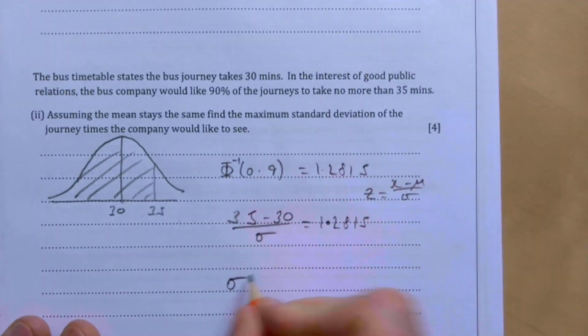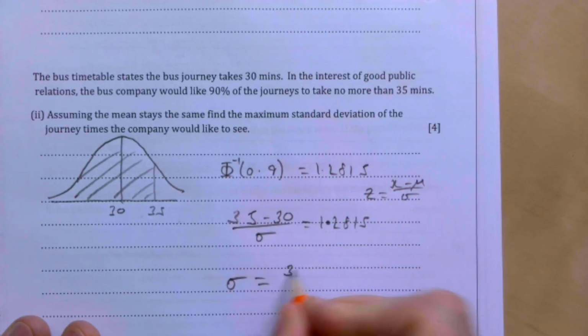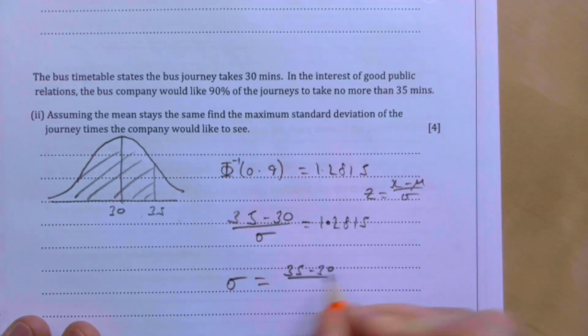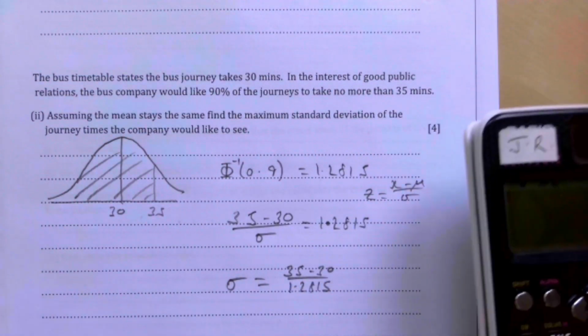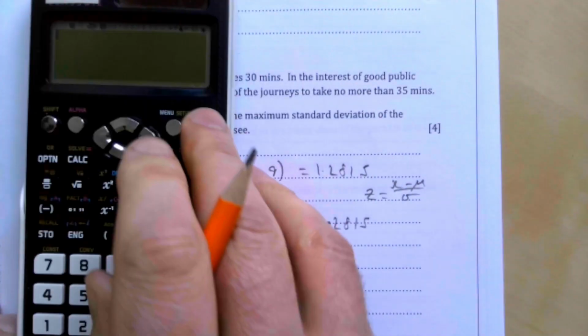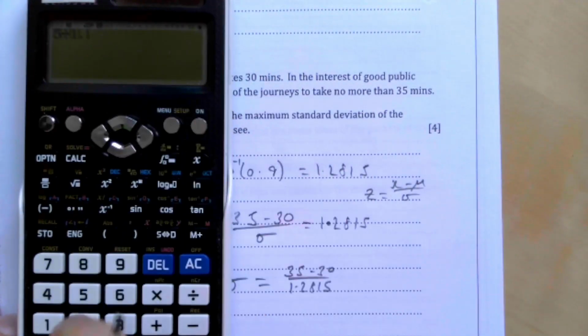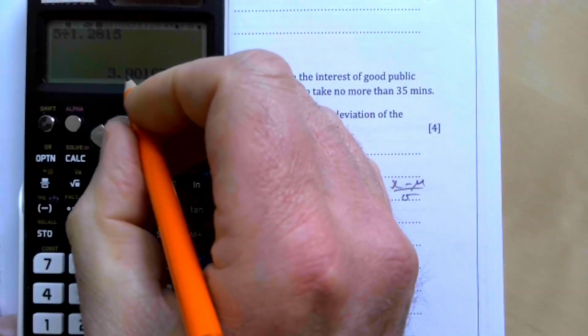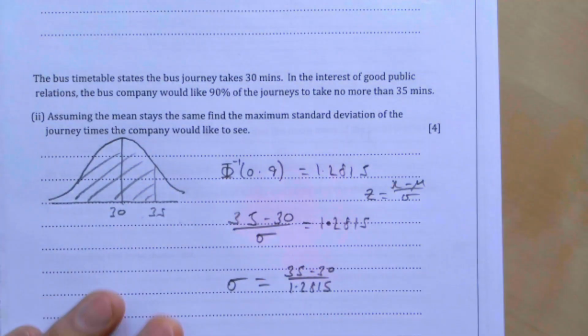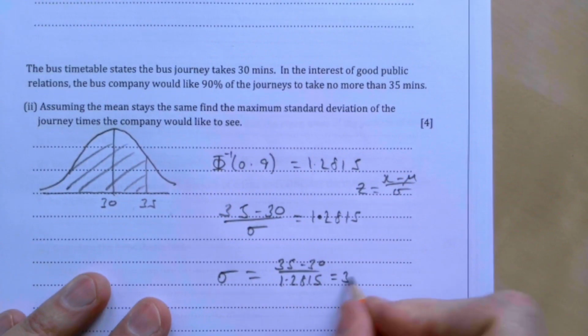We're going to have sigma is 35 minus 30 over 1.2815. So 35 take away 30 is obviously 5, so 5 divided by 1.2815. And that gives me 3.90 to 3 significant figures.